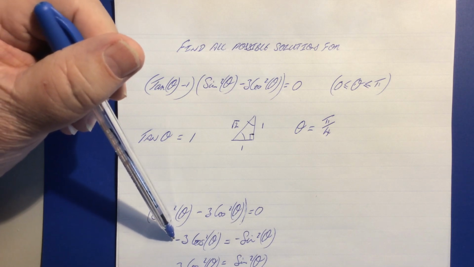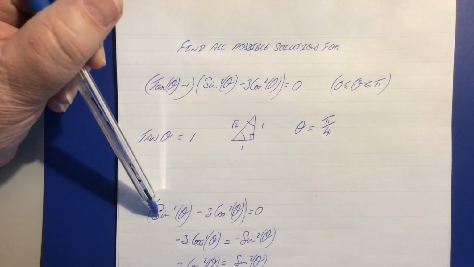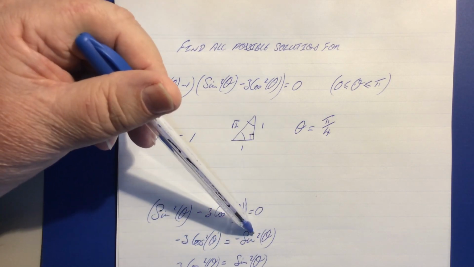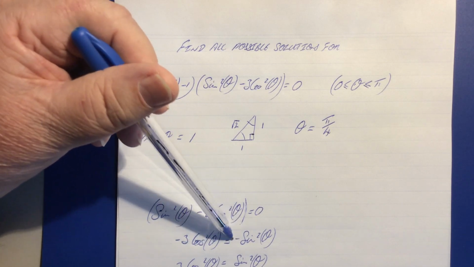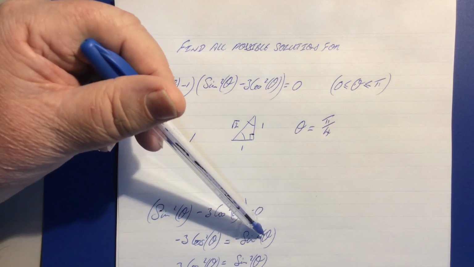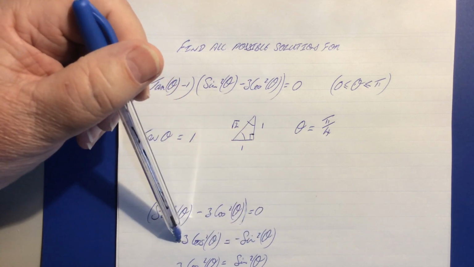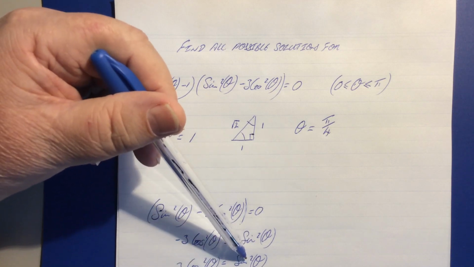Okay, well, let's get started. So our first move is to move sine squared theta. If we move that to the other side of the equation, we've got negative cos squared theta equals negative sine squared theta. We can multiply through by negative 1 to get rid of the negatives.